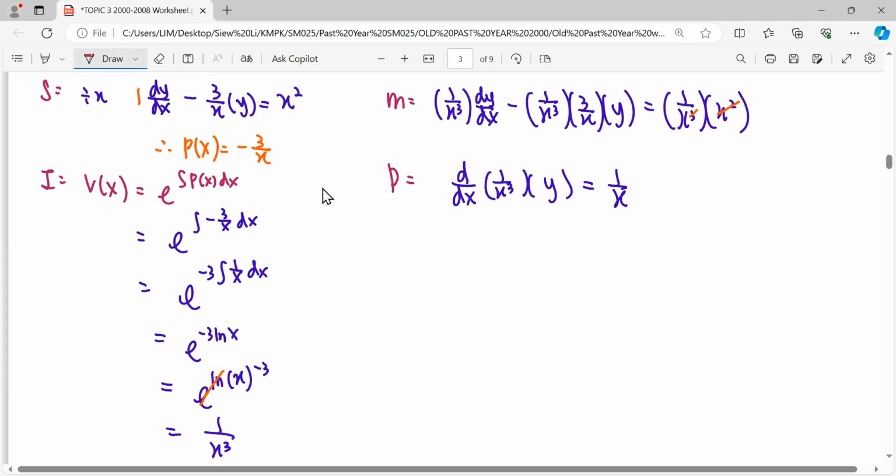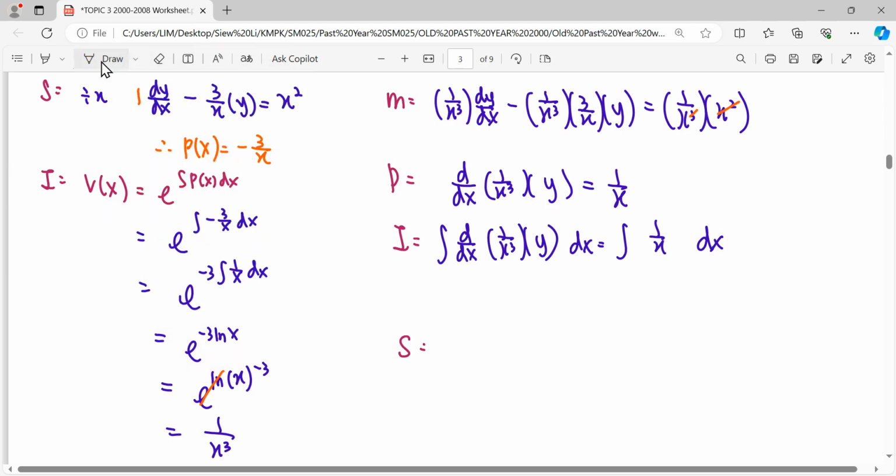Next we try to integrate both sides so that we can get the general solution. So we will integrate this with respect to x. We can notice here, differentiation and integration cancel each other, so it leaves us back with 1 over x cubed times y.